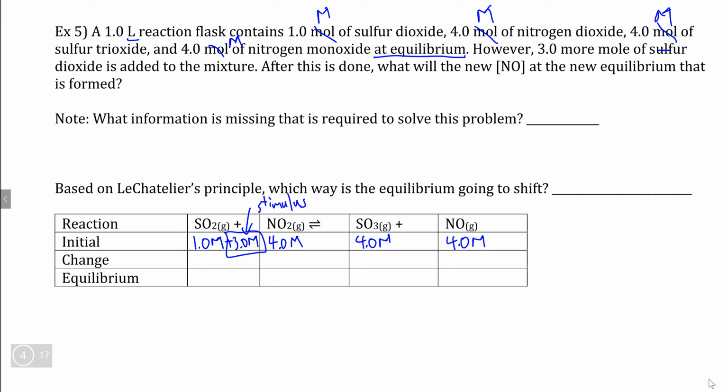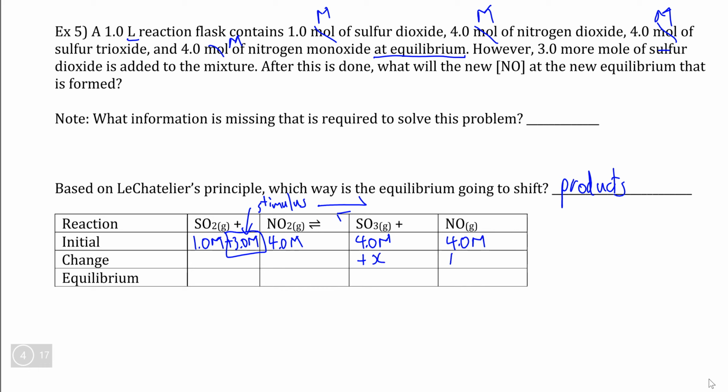So that means our reactants are going to have more collisions, which means that the equilibrium is going to shift to the products, because if there are more collisions in our reactants, our forward rate is now greater than the reverse rate, causing the equilibrium to shift this way.